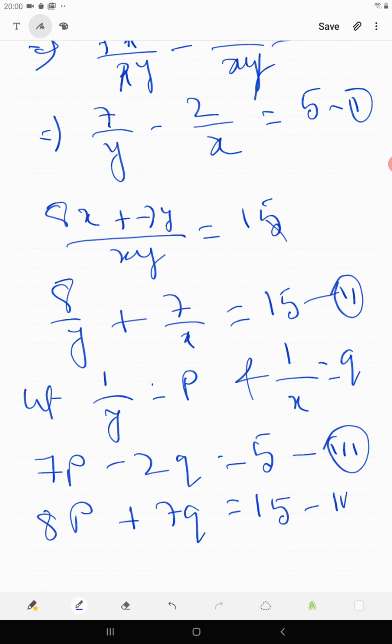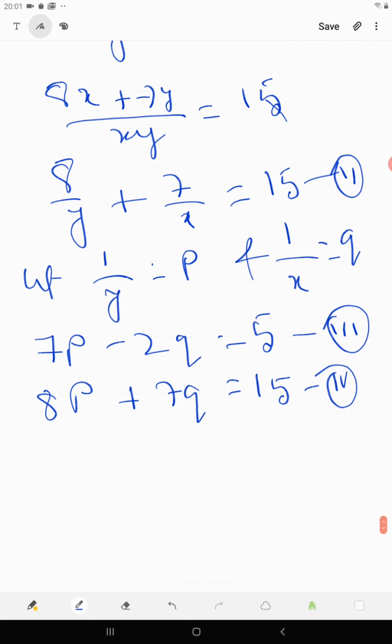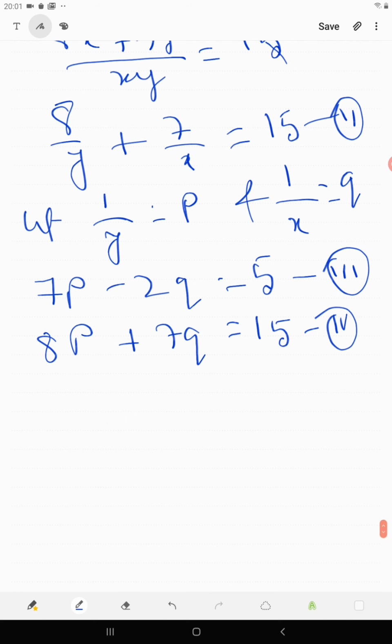This is our equation 4. Now we can solve it with any of the methods. Whatever we know, we can apply it. And what we will get is p equals 1 and q equals 1. This should be the solution for it. I have solved it already, so that is why I am telling you.